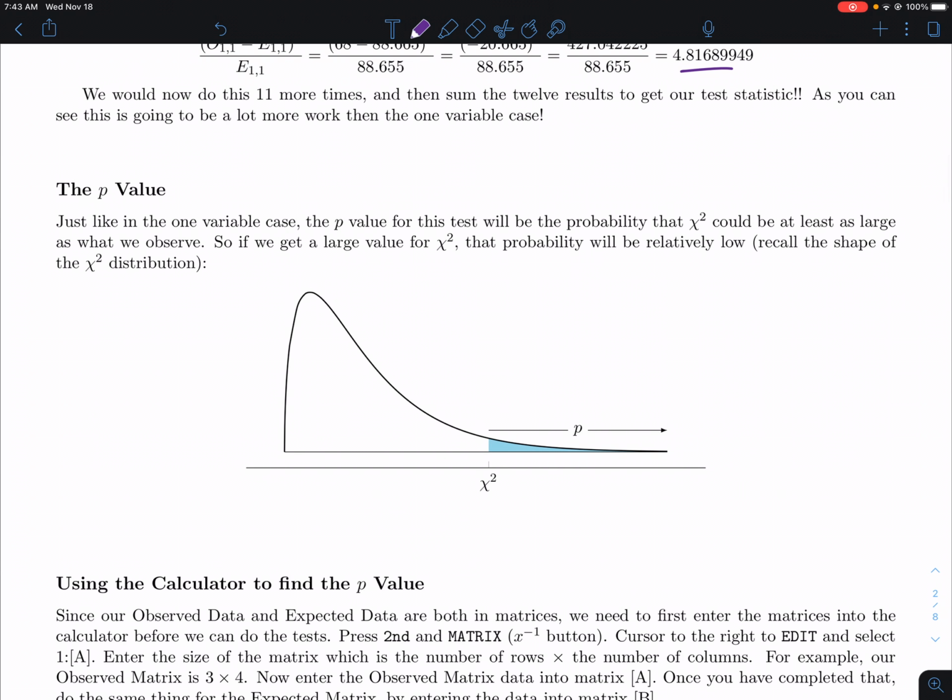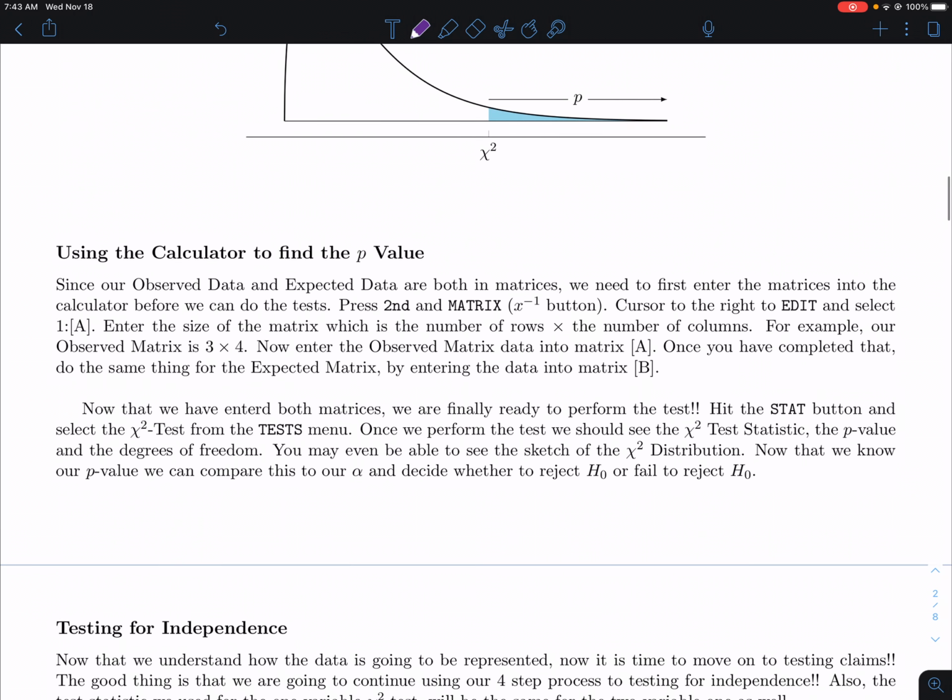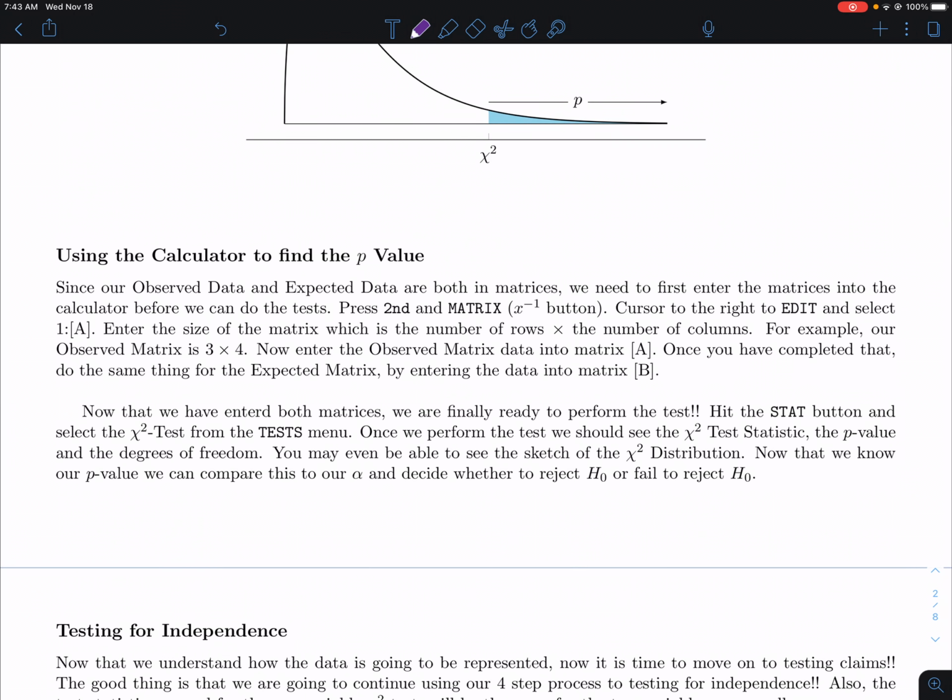The p-value is exactly the same, so there's nothing different about the p-value. But the way we're going to find the p-value is a little bit different. In this case, what we have to do is enter all these things into a matrix. I've highlighted second matrix, which is the x inverse button on the calculator. Go to edit, enter the size of the matrix, so it's always going to be the rows times the columns.